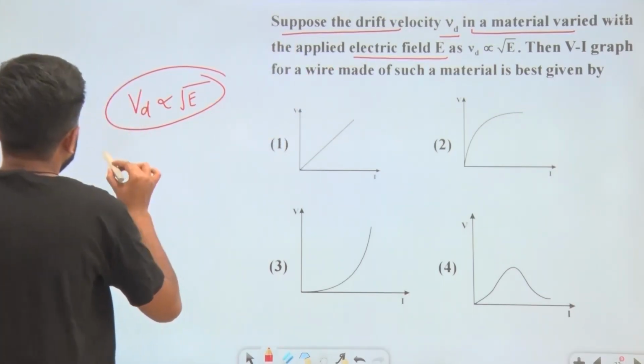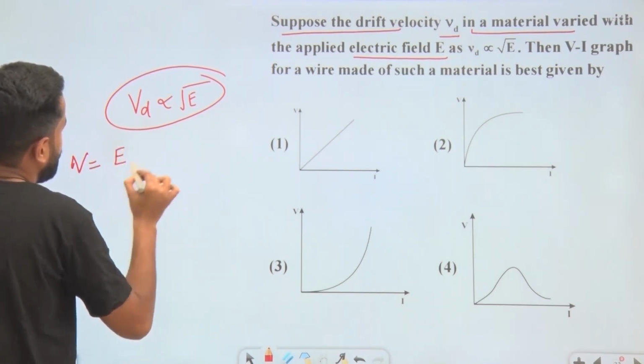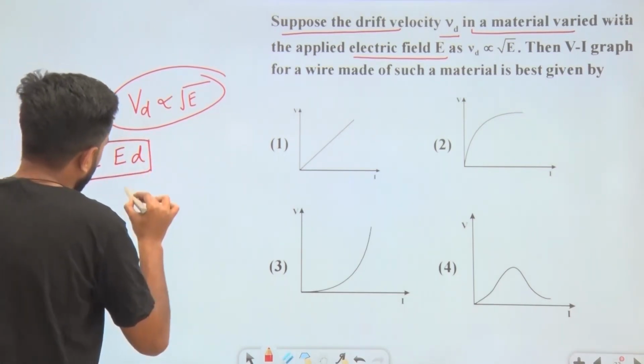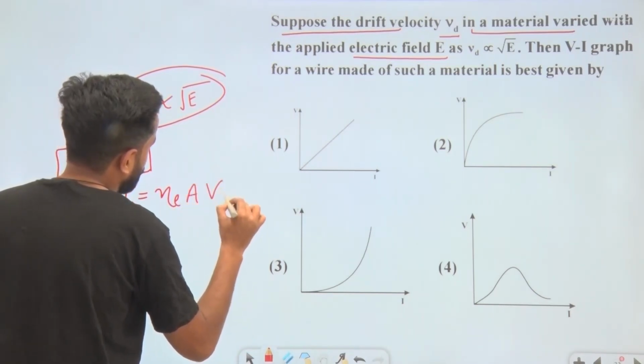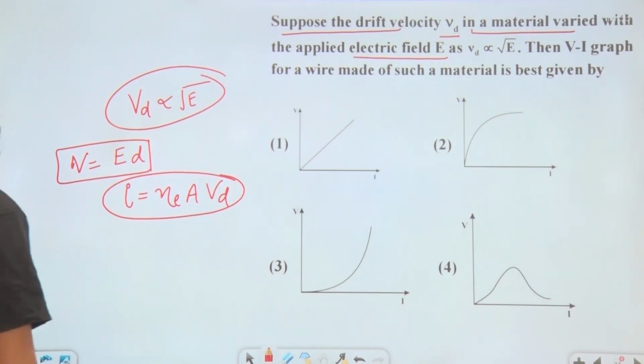See, V is given as E into D, and I, which is current, is given as N E A into Vd. Okay.